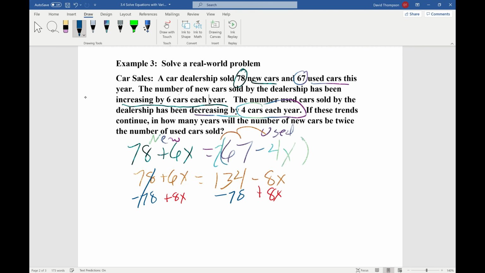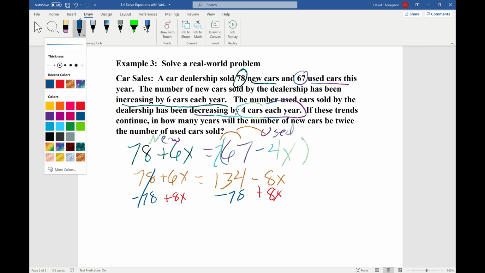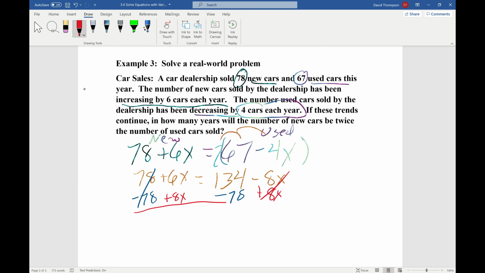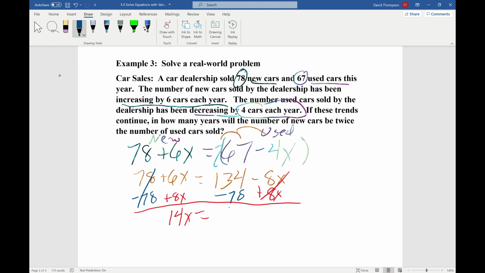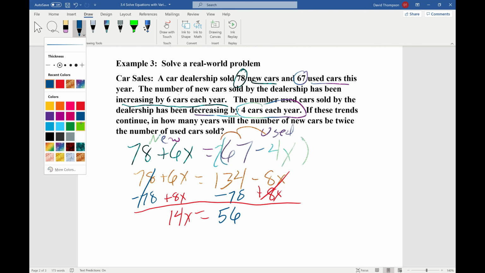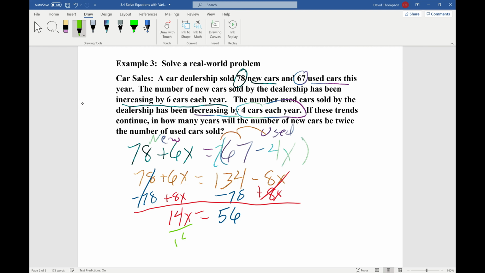So my 78 cancels and my 8x cancels. We're left with 6x plus 8x, which is 14x, equals 134 minus 78, which is 56. Then last step, just divide everything by 14. We get x equals 4.